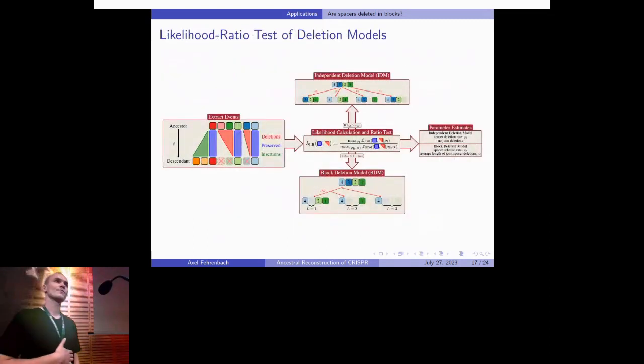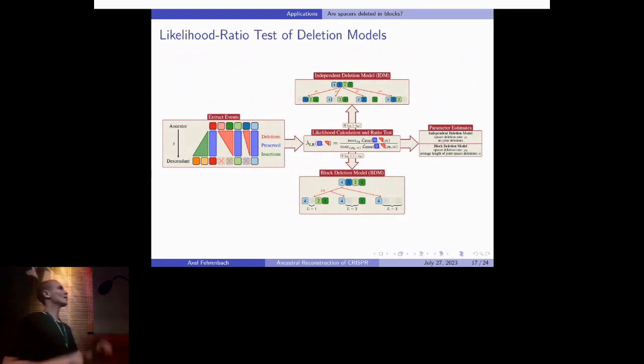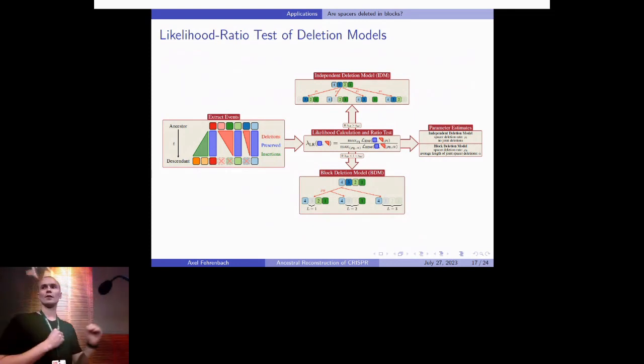We can run our reconstruction algorithm and extract all these deletion events and the keep events. We put them into a likelihood ratio test and compare the independent deletion model and the block deletion model. And what's nice as well is that we get parameter estimates for these deletion rates on the side, because we're doing maximum likelihood estimates anyway.